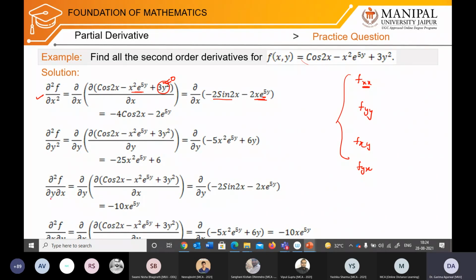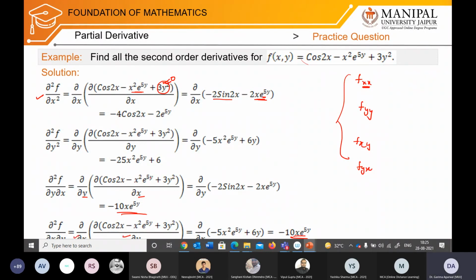Then del 2f by del y del x. Here the sequence is not important. First we can differentiate with respect to x, then y, or first we can differentiate with respect to y and then x. Both the values will be same, right? So when we are applying partial differentiation with respect to x, that means y is constant.